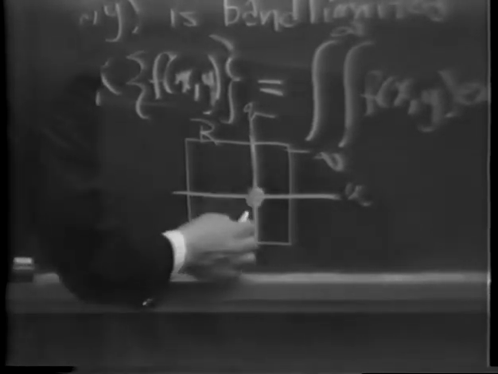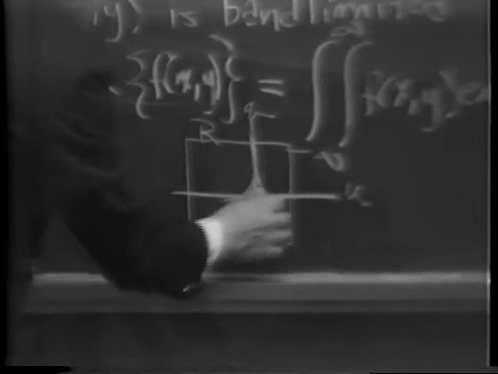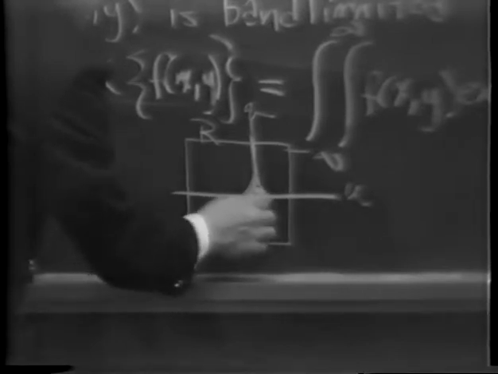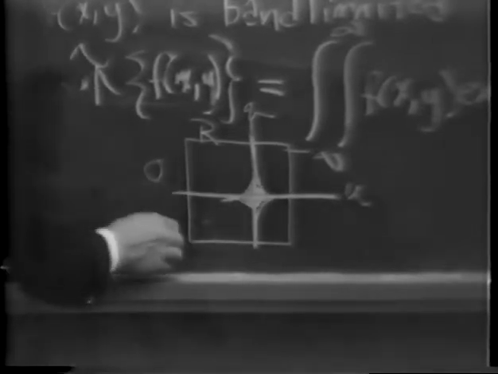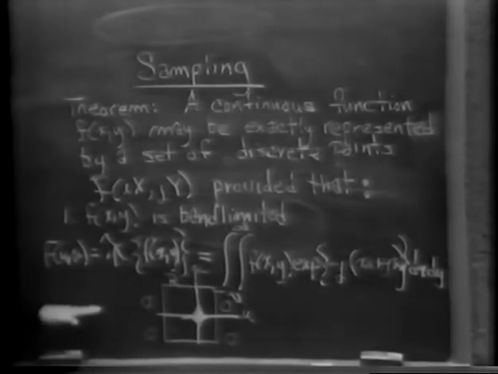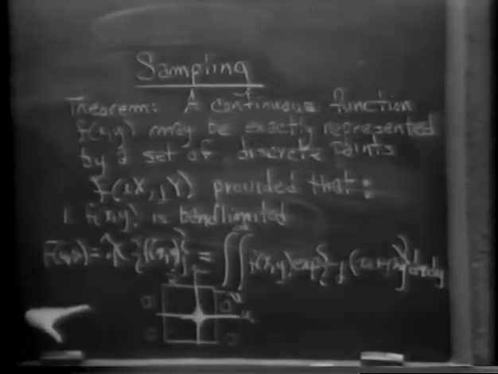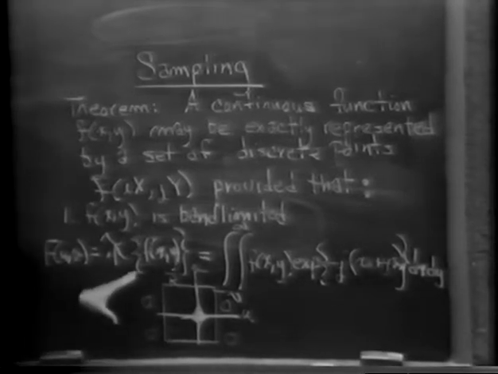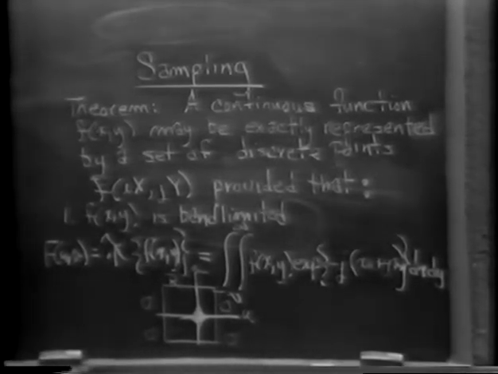Typically it might be a big bright spot in the center or something like this. But it would be zero in all these locations. So one of the conditions we have to put on the sampling theorem is that the function be band limited in terms of being zero outside some rectangle in this particular space.